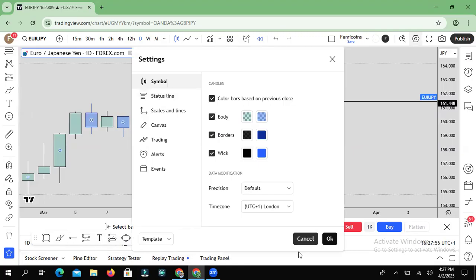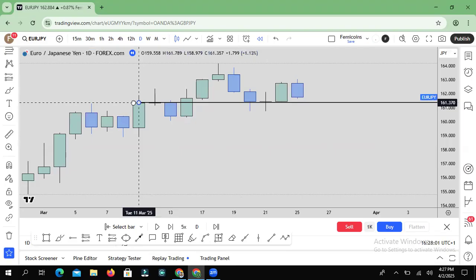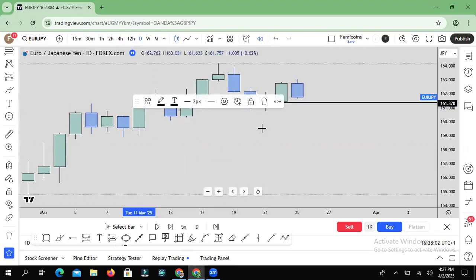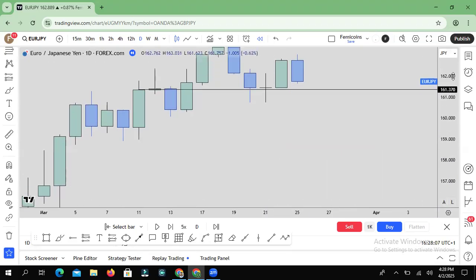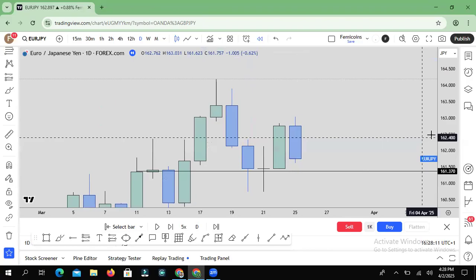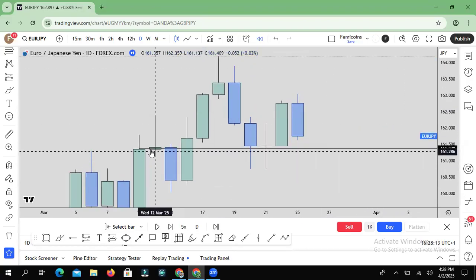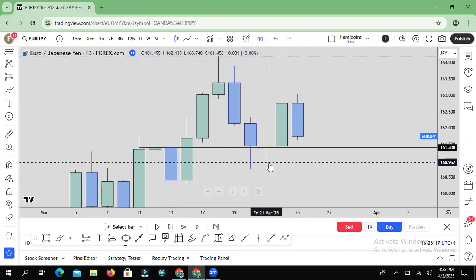Don't mind my charts, this is just the chart I use for backtesting. Let me reduce it. Okay, I hope this is very, very visible. You can see the rejection here, like I said, candle rejection and candle closure.